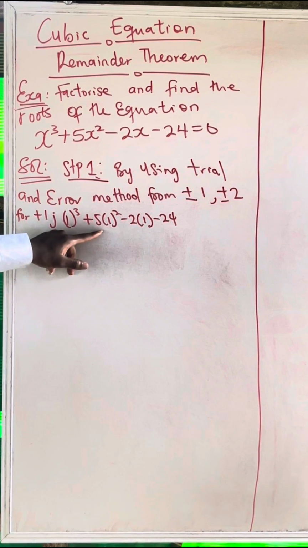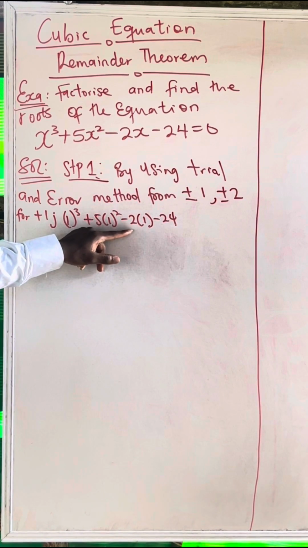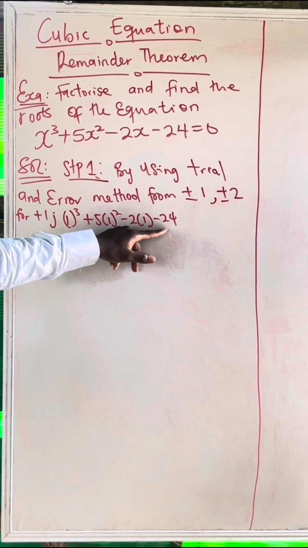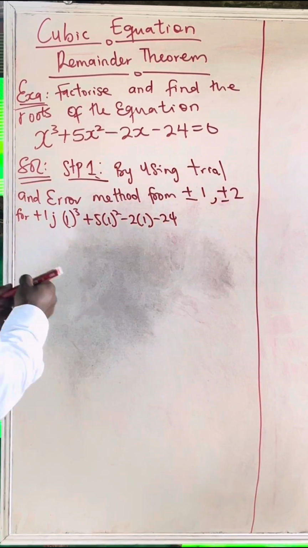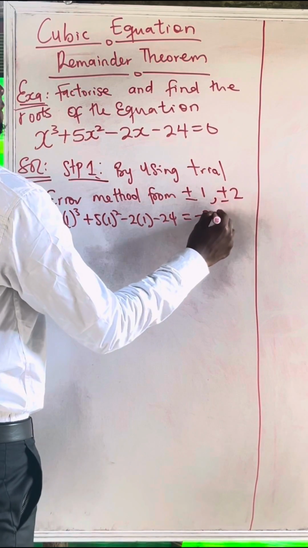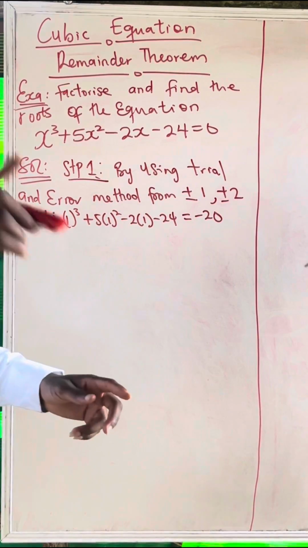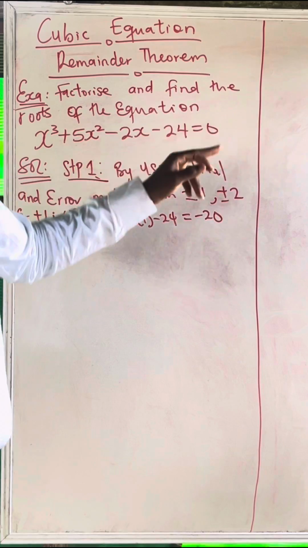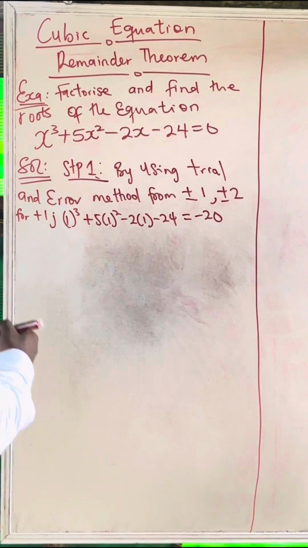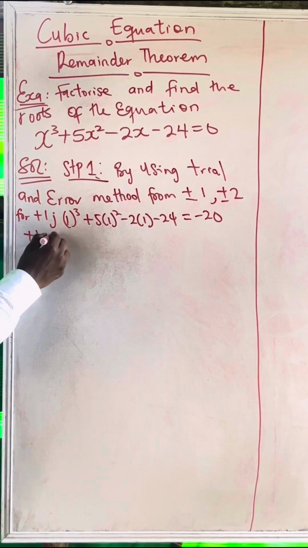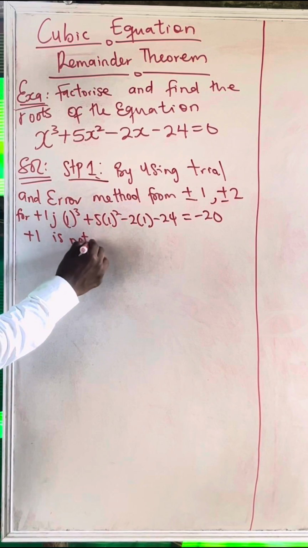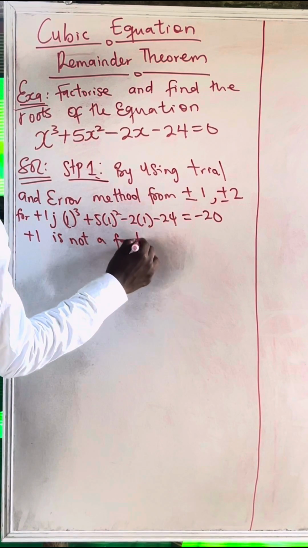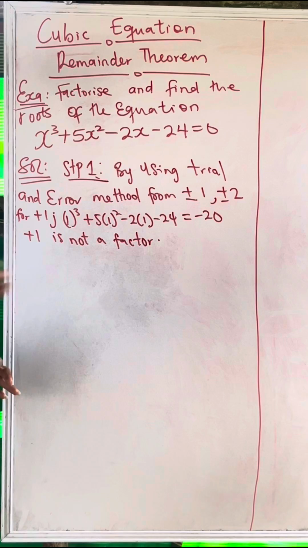That is 6. 6 minus 2, that is 4. 4 minus 24, that is minus 20. So this equals minus 20. Since after I substituted 1 into this expression, I did not get 0, that simply means that plus 1 is not a factor, guys.